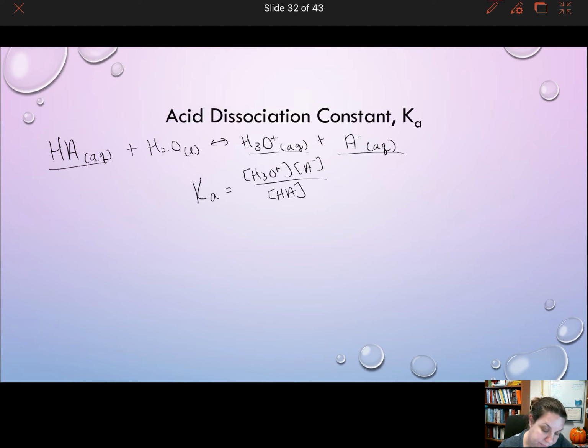Now, looking at this, our dissociative form, where we're producing our hydronium, which is what makes an acid, right? That's on our right side, our product side, and on our Ka, that is on the top. So the larger the value of Ka, the stronger the acid.